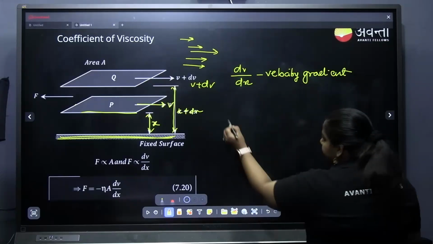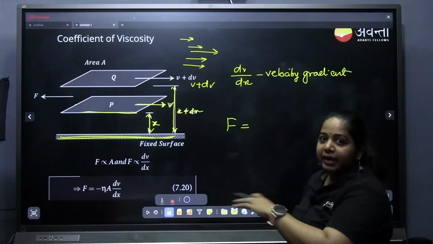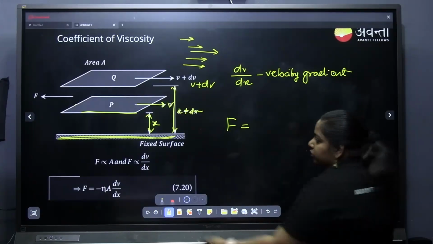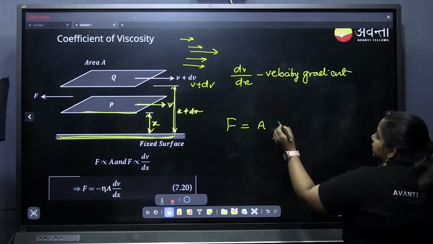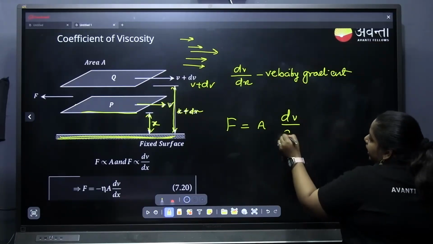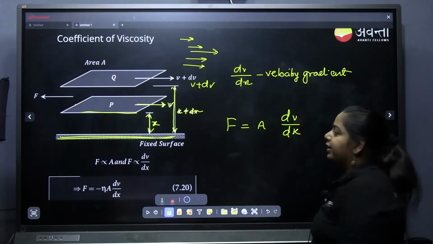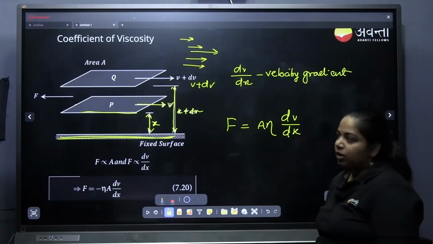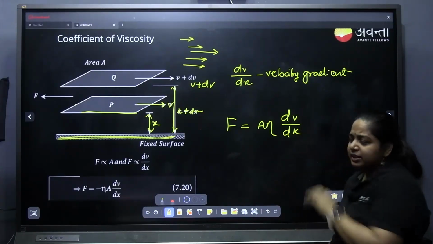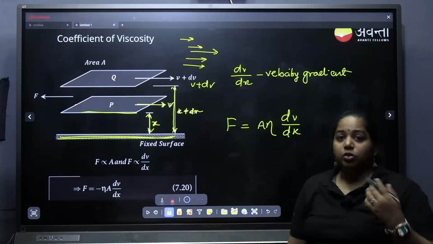And viscosity is a force, as we told you, a resistive force. What is the formula for that force? It will depend on the area which is in contact. It will be proportional to area and proportional to this velocity gradient, and removing that proportionality we get a constant, that is our coefficient of viscosity. The negative sign shown here is because it is resistive, opposing the flow.